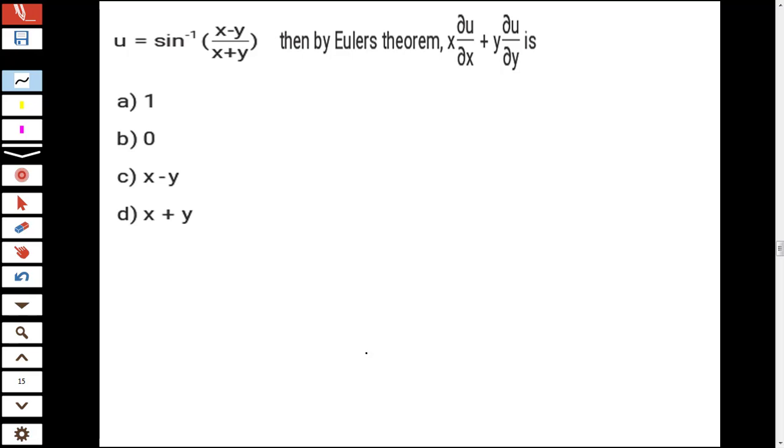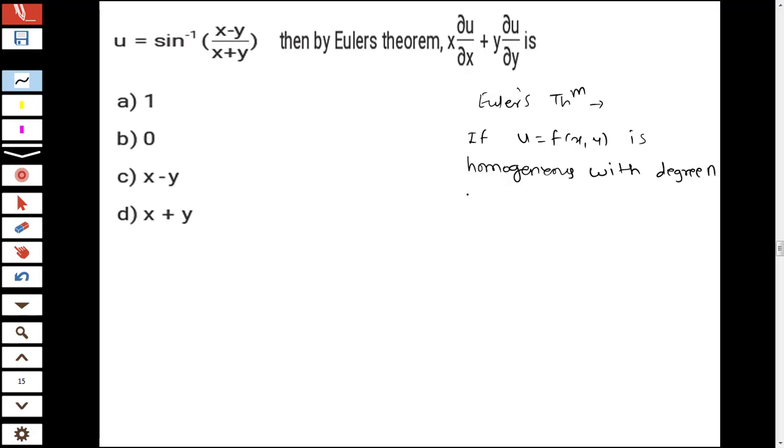Now this is on Euler's theorem. Now what is Euler's theorem? For a homogeneous function of two variables, if u equal to f of xy is homogeneous with degree n, then we have two results in Euler's theorem.